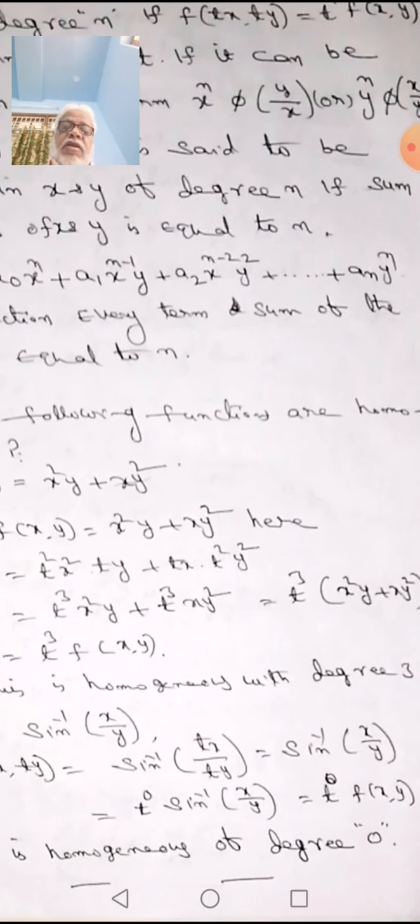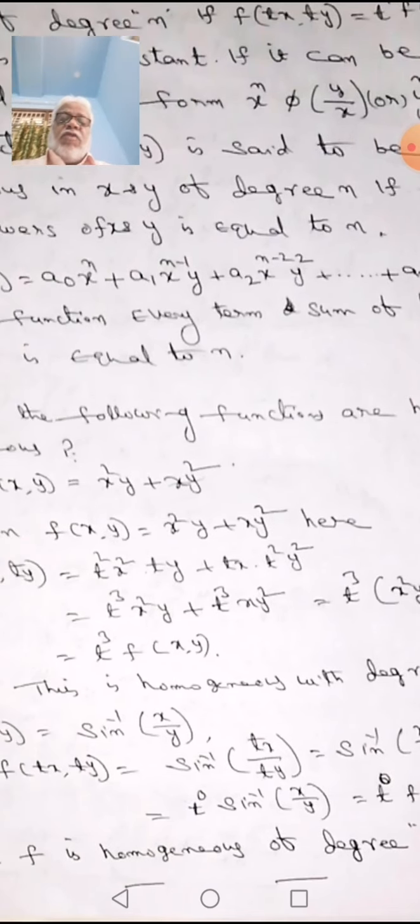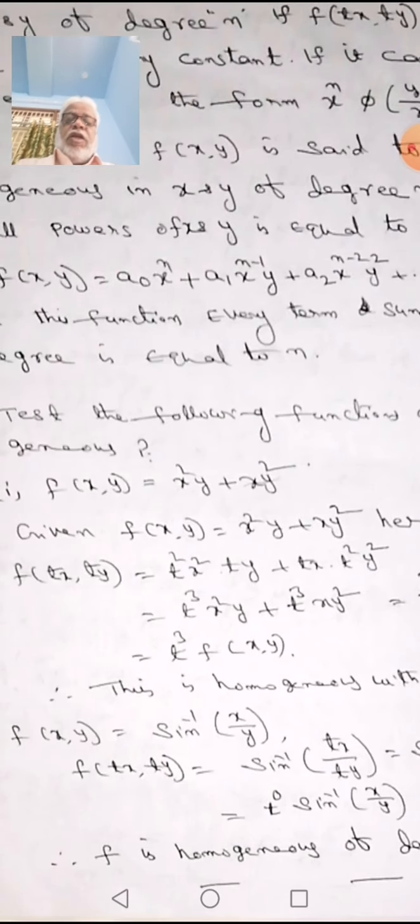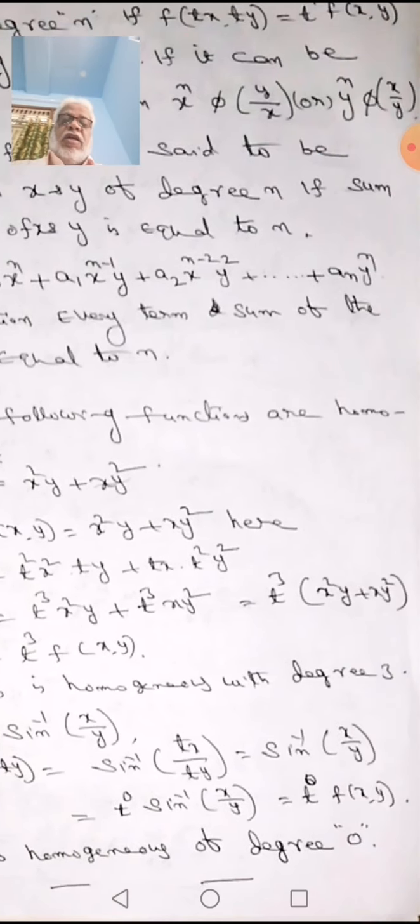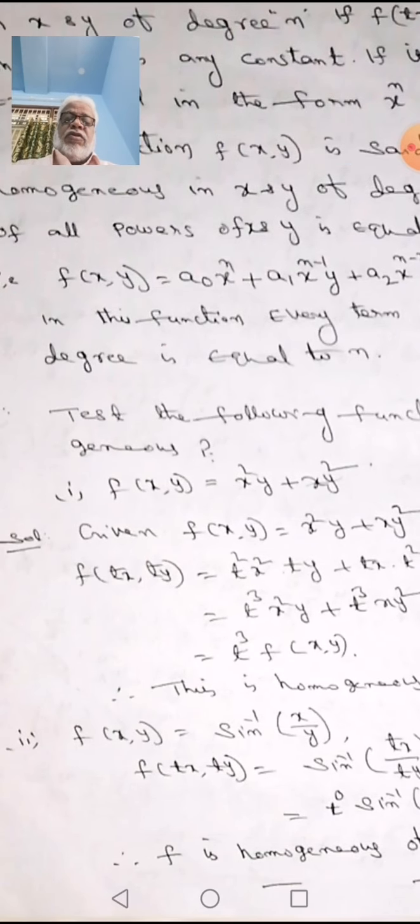In the earlier case we got t cube f of xy, so this is a homogeneous equation. This is called a homogeneous equation with degree 3, because the power of t is 3. So this is a third degree homogeneous equation.